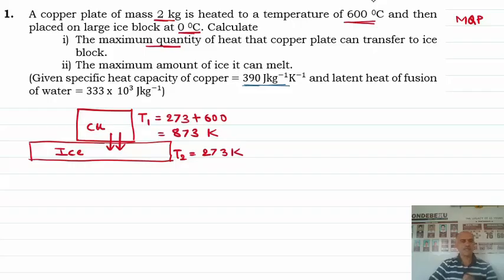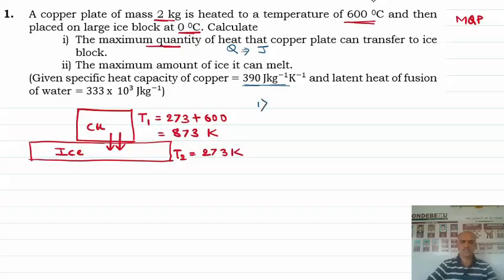If you don't remember the formula, the quantity of heat is Q, and its SI unit is joules. Looking at the units, specific heat is joule per kg per Kelvin, so multiply 390 by kg and by Kelvin and you will get the heat transferred.